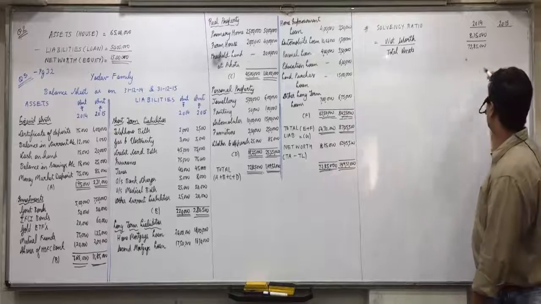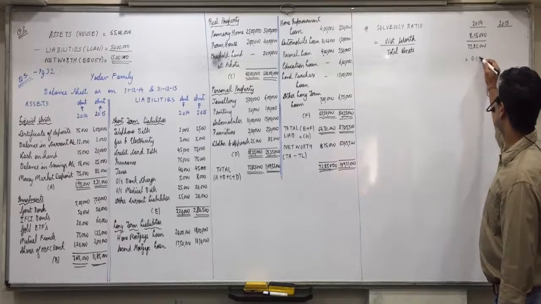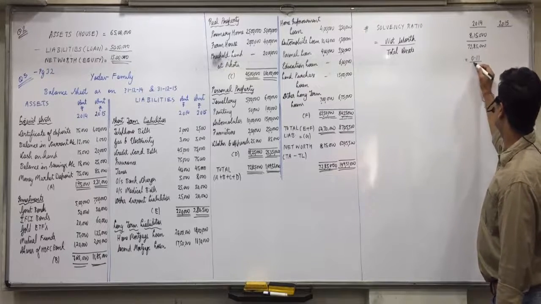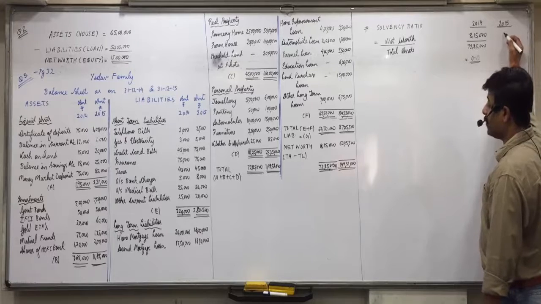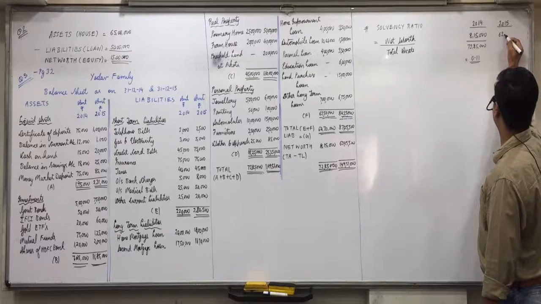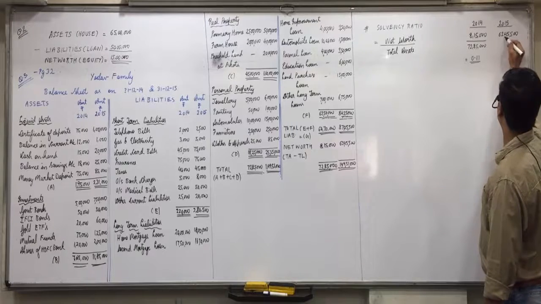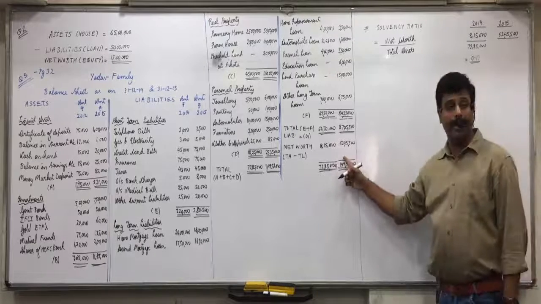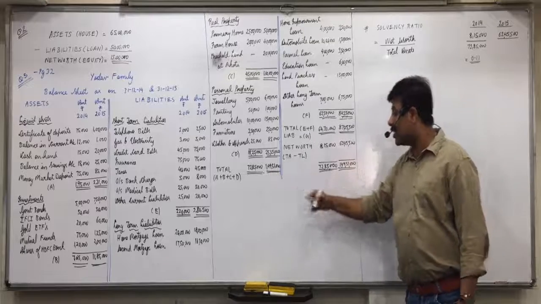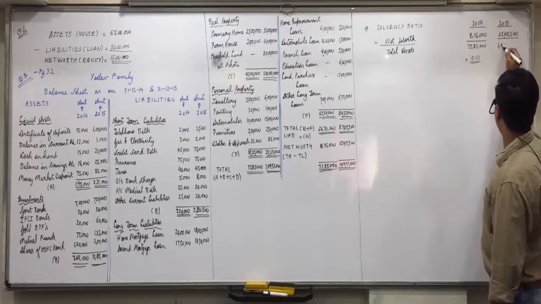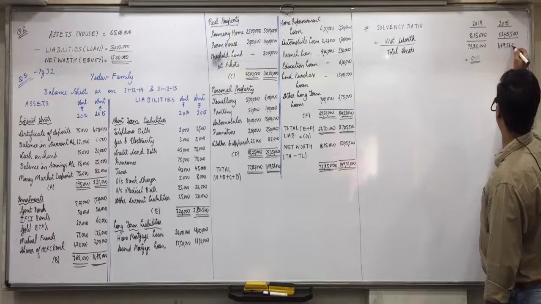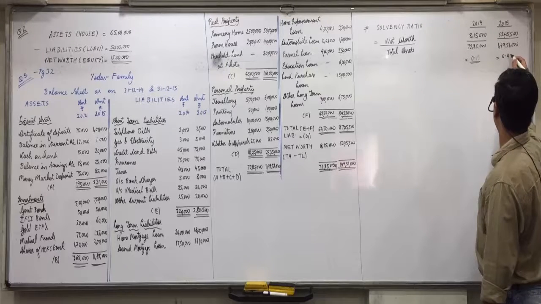What does that come to? 0.11. And for 2015, net worth 62,45,500 divided by total assets 1 crore 49,51,000, which comes to 0.42.